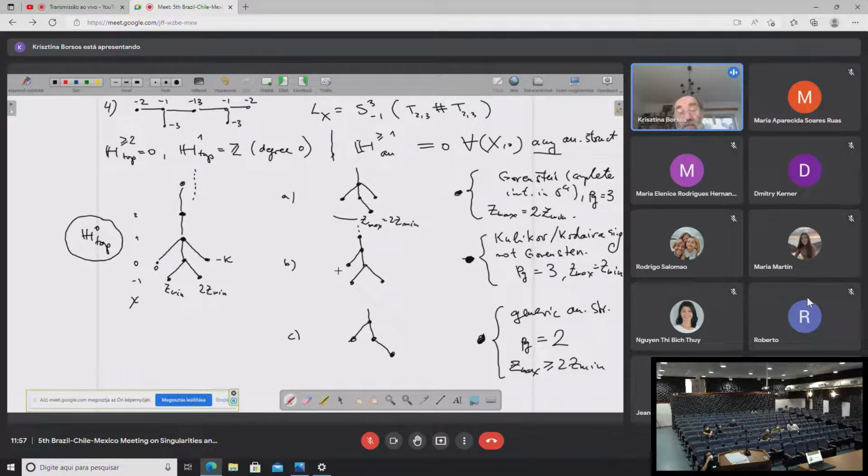And the maximal ideal cycle, that is the smallest, when I go to the analytic type, then the maximal ideal cycle measures the simplest functions, and that is 2 times the Z_min in the Gorenstein case. So somehow the Artin cycle is not an analytic cycle. Well, it disappears somehow. In the case of Kulikov, the maximal cycle is the Artin cycle, so this appears, but it's non-Gorenstein, so the Z_K disappears.